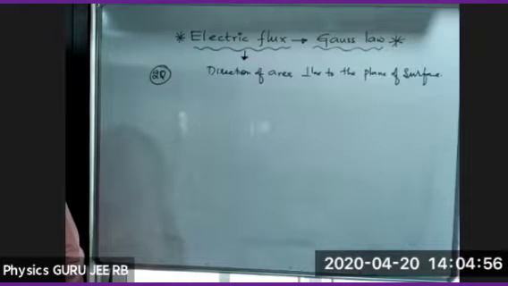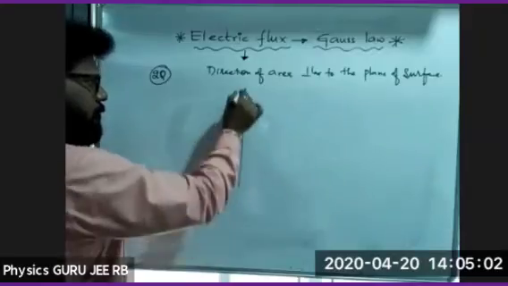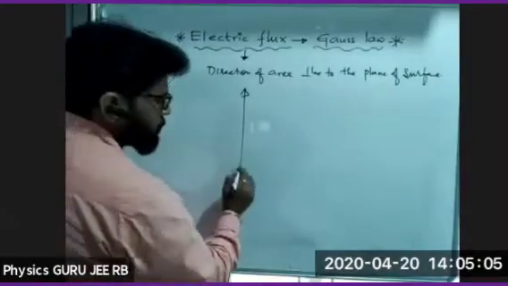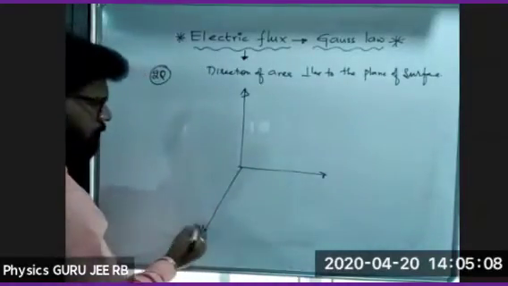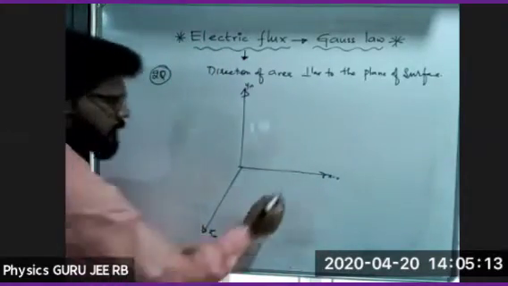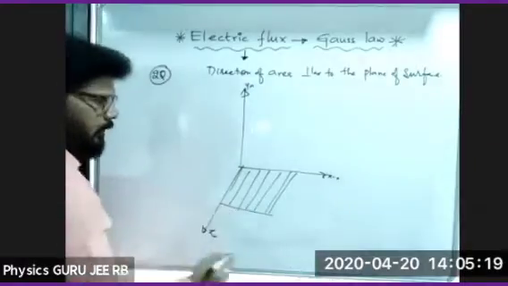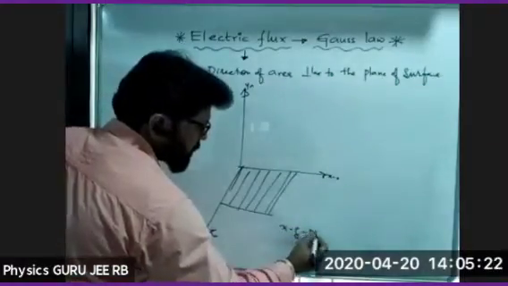Now I'll give one question. You try to calculate the area for that one. So x-axis, y-axis, and z-axis. I'll take one square plate like this and keep it in the xz plane, right?